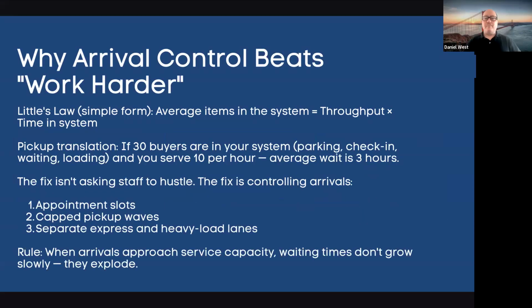Okay, so we're jumping a little bit forward now into the last phase of the auction, actually, which is the pickup period. If you're doing shipping, then your phase is going to look a little bit different. If you're doing shipping exclusively, it's going to look quite a bit different.